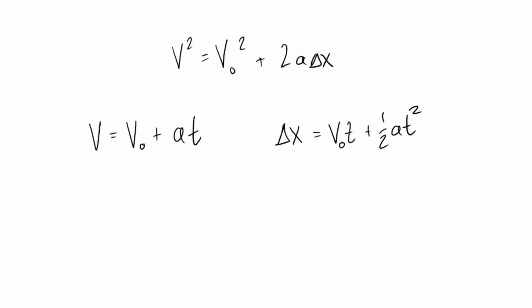Sometimes this one is written in a slightly different format where you have x equals x naught plus v naught t plus 1/2 at squared. These are the same equation. I've just taken the x naught term and subtracted to the other side, and you get the change in position, which is just displacement. It's a little easier to look at.